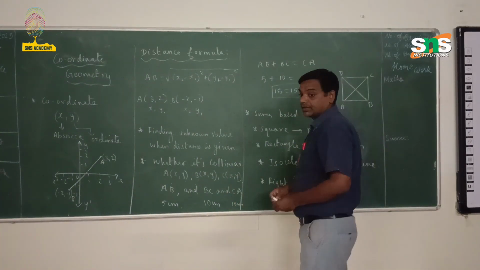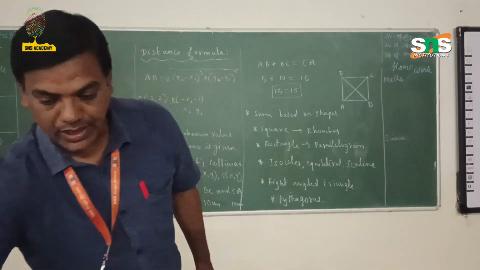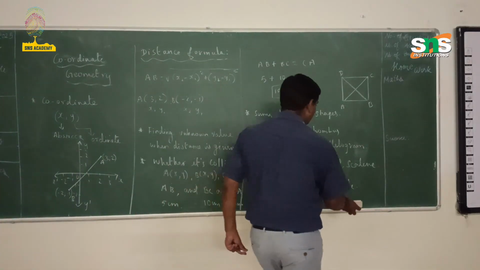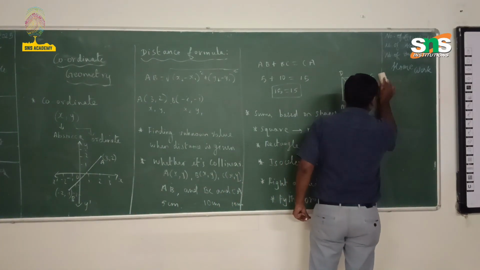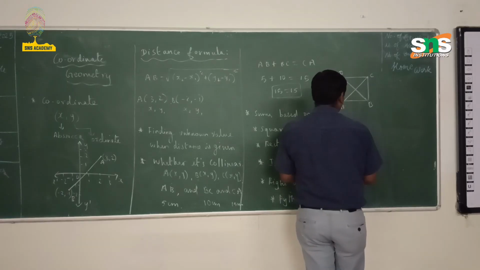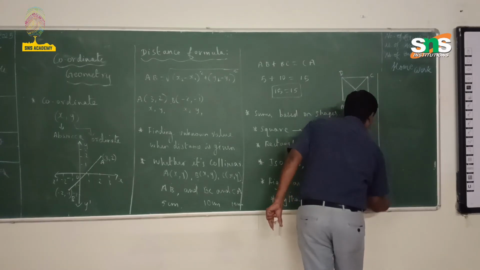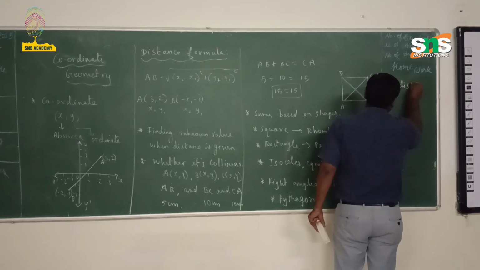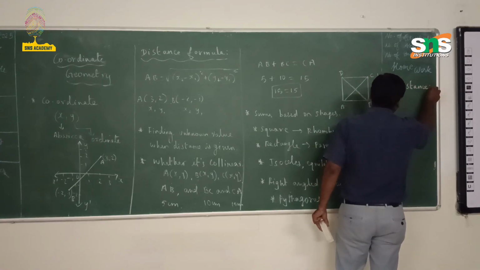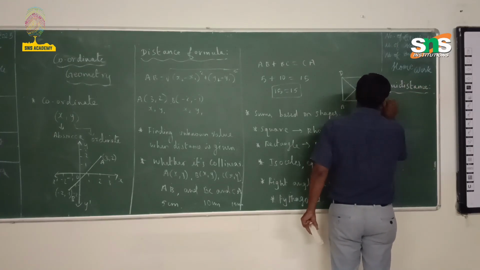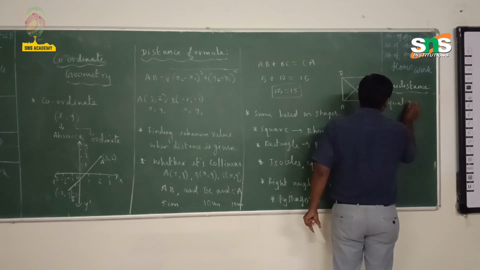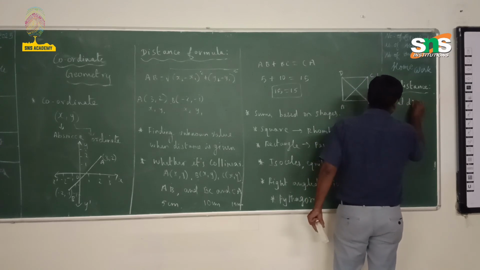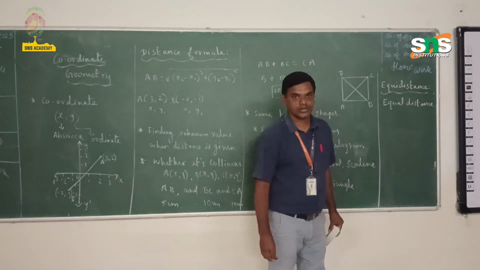The next one is equidistance. What is meant by equidistance? Equidistance is nothing but equal distance between the points. Understand?